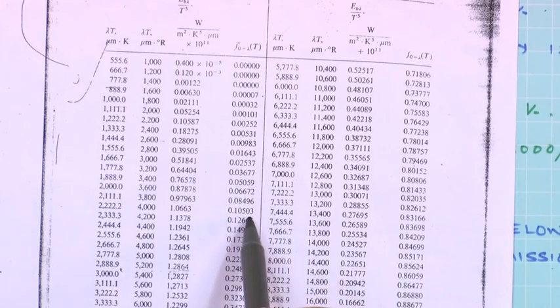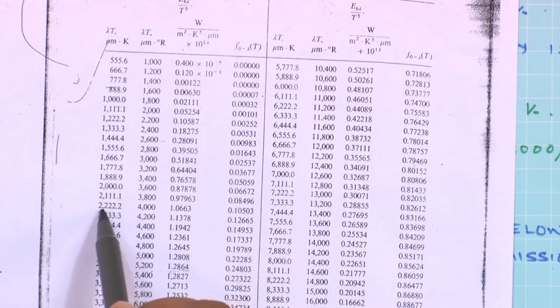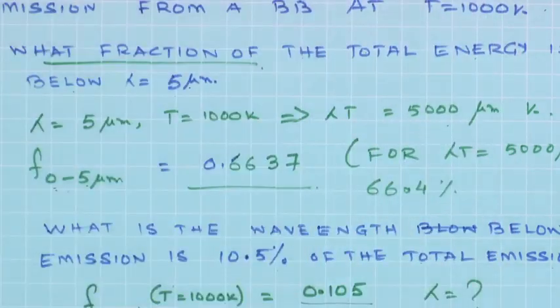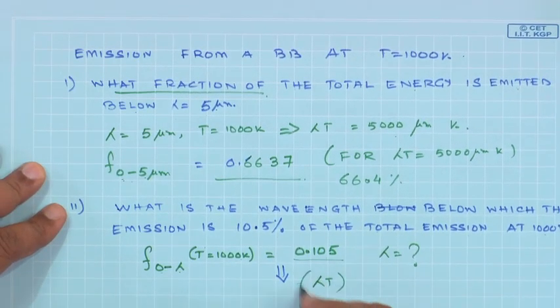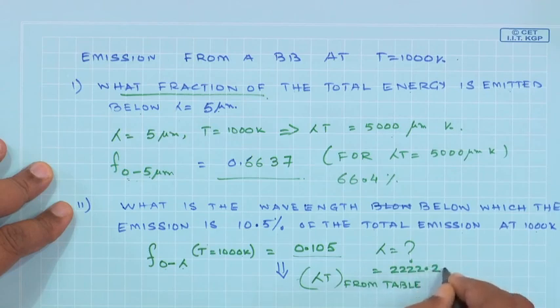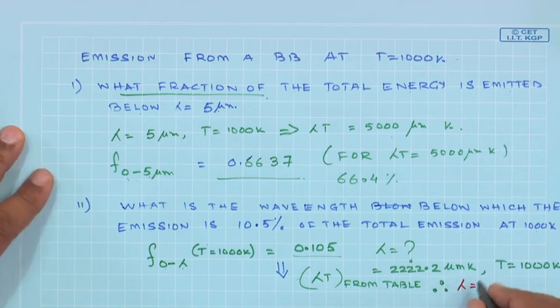So, when you look at the fraction to be 0.105, you read the value of lambda T to be 2242.2 micron Kelvin. This you read from the table, and since you know the temperature to be equal to 1000 Kelvin, therefore your lambda is simply going to be 2.222 micron.